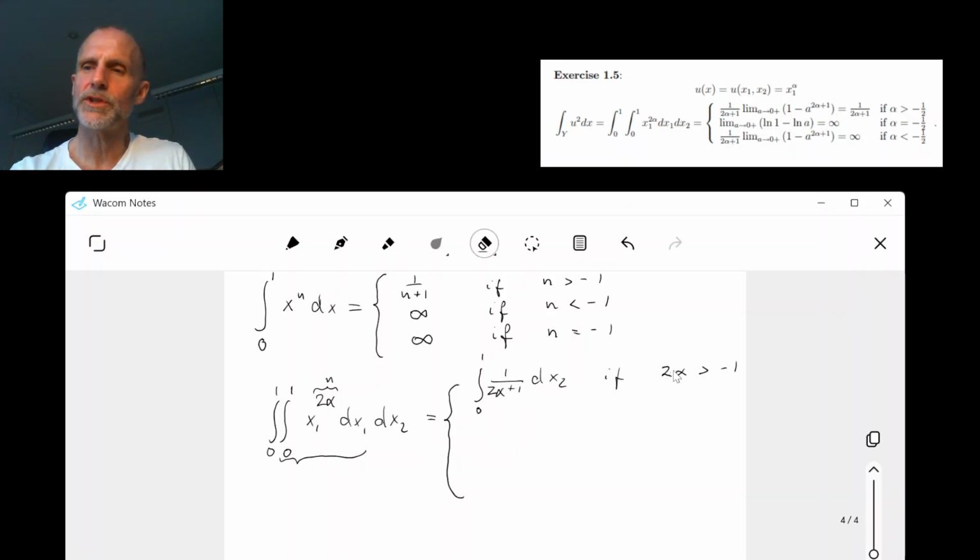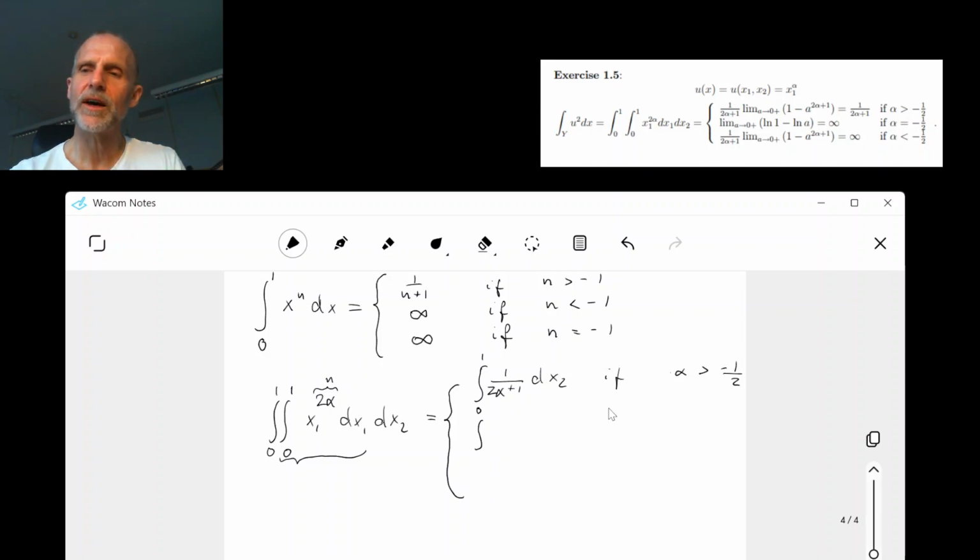So maybe I just write this instead, because I want to consider cases for different values of alpha, not different values of n, which I've used for the preparation of this. So this is the integral that we get when alpha is larger than -1/2.